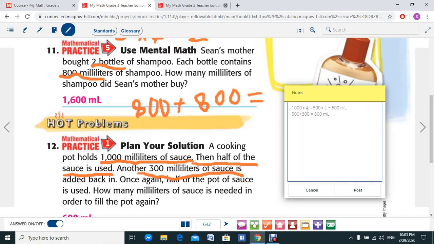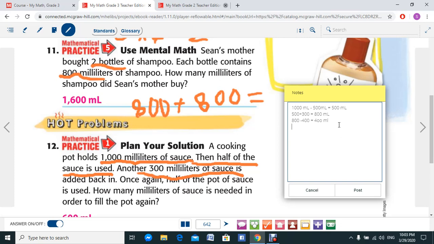So how many do we have now? 800. So once again, half of the pot of sauce is used. So from those 800 now, 400 of them have been used. So how much is still there? 400 ml.